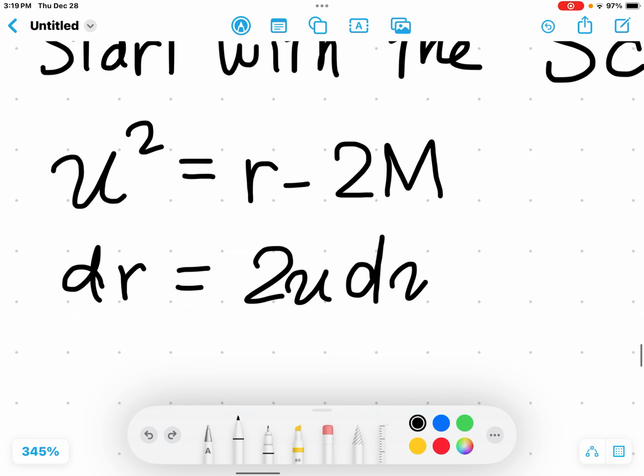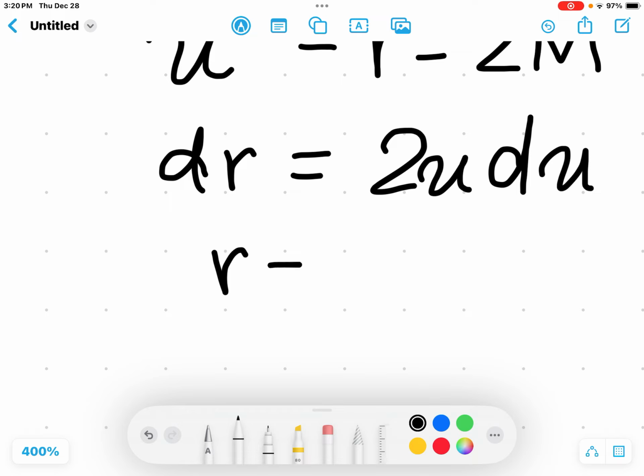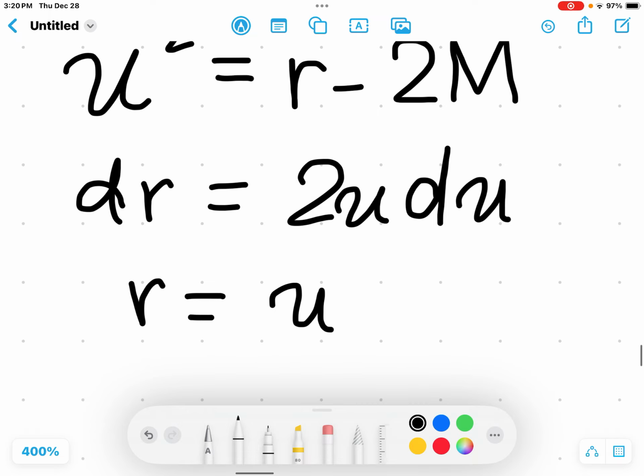The substitution makes sense. When we make this substitution, another suitable thing, r is u squared plus 2m.